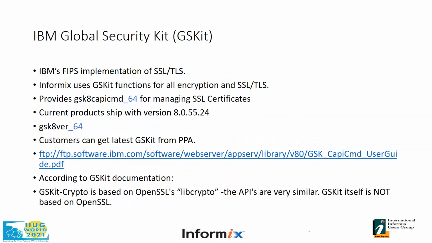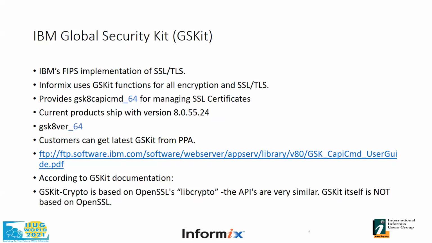Okay, first thing is the Informix server has used the IBM Global Security Kit, called GSKit, for IBM's FIPS implementation of SSL/TLS. And Informix uses the GSKit functions for all the encryption and for SSL and TLS.